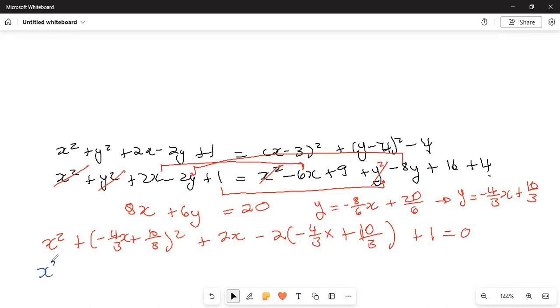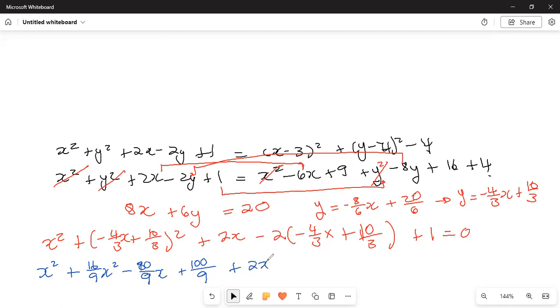You have x squared here. You would square that one, which would then give you 16 over 9 x squared. You would multiply the negative, let's get out the calculator now. We will get a minus 80 over 9 x, and we will get 100 over 9 there.